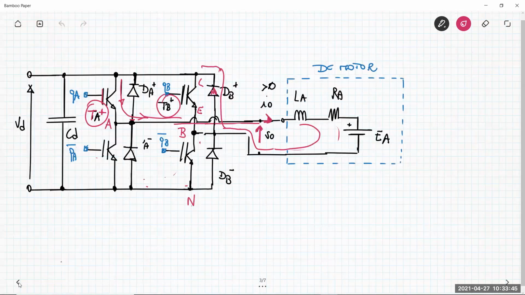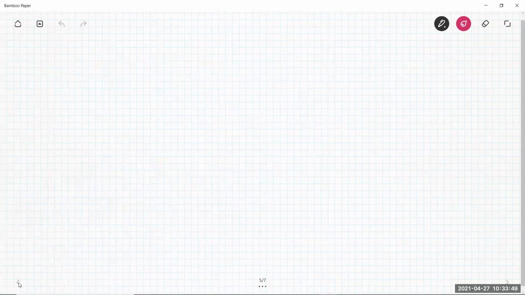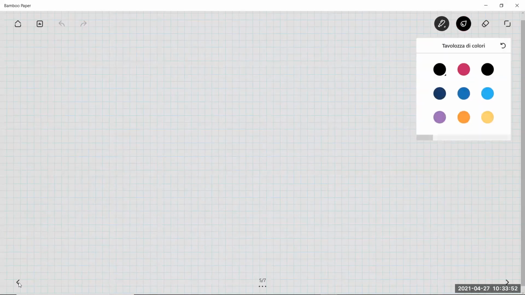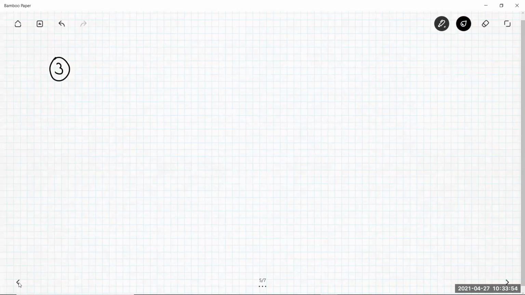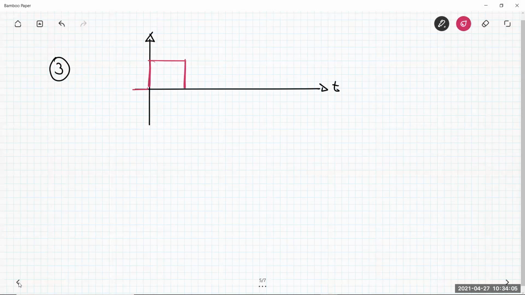Of course, there are other situations that I can mention here. For example, the third situation, in which you have voltage which is positive, and in the unipolar pulse width modulator, a positive average output voltage means totally positive instantaneous voltage, V naught.